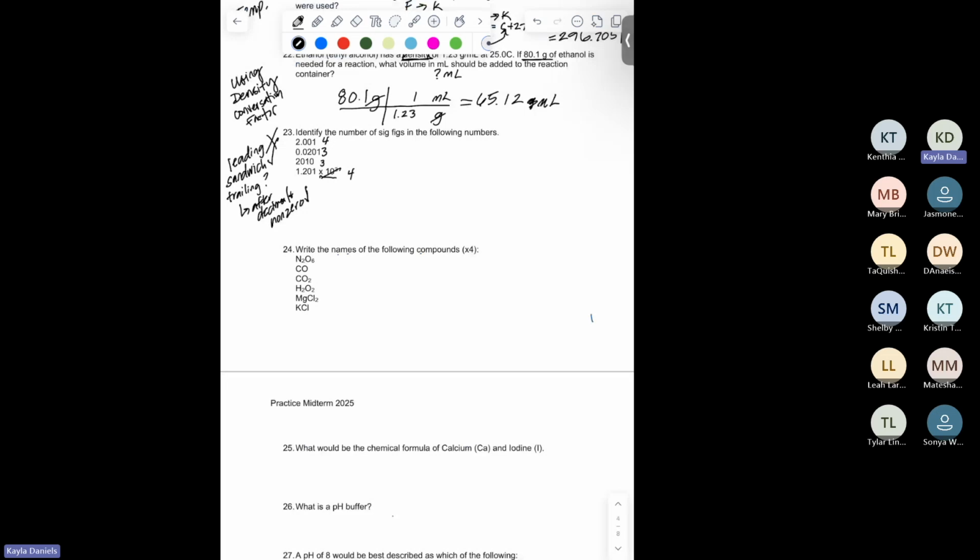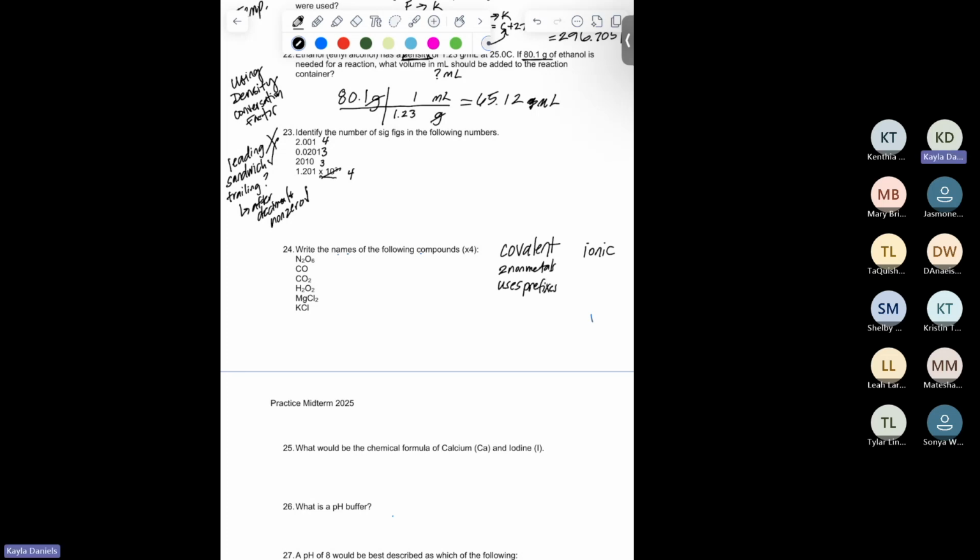Okay, so when we name, you need to be able to identify if it's a covalent or ionic compound. That's the first step because that's going to determine how you name, if we use the prefixes or not. So covalent is 2 nonmetals and it uses the prefixes.